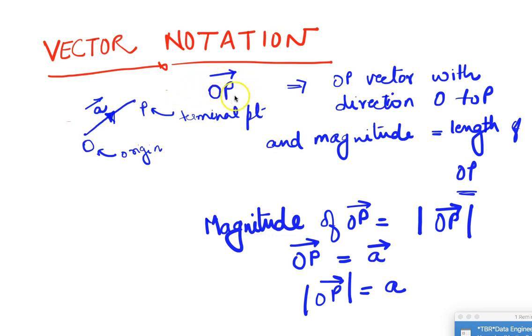The vector is represented by its origin and terminal point with an arrow, or it could be given a name as A vector. Magnitude is defined as mod of the vector, or simply the length, defined as A in this case.